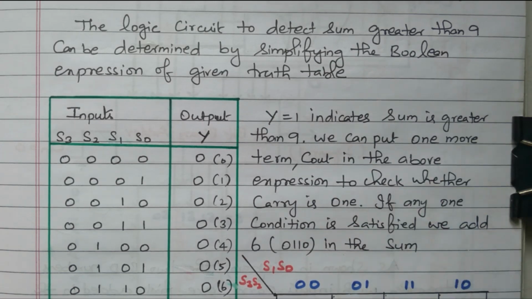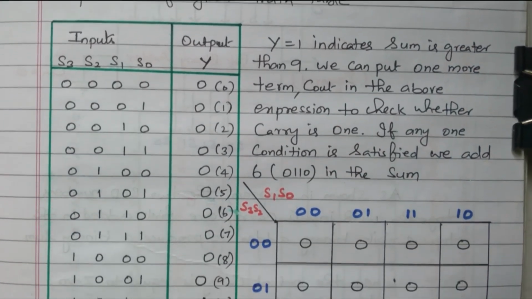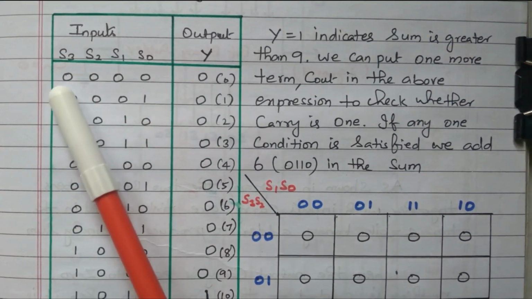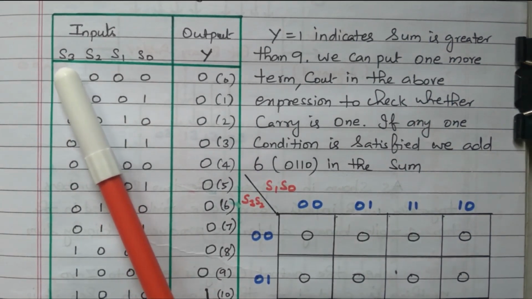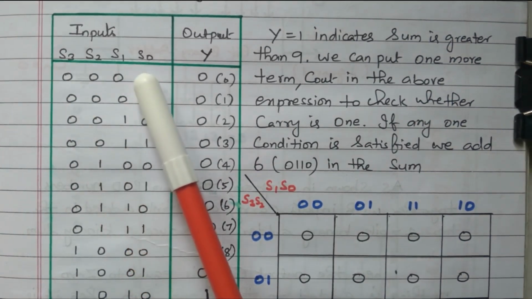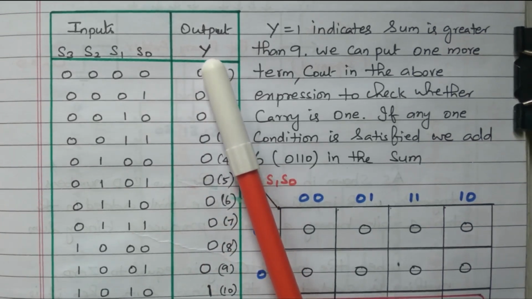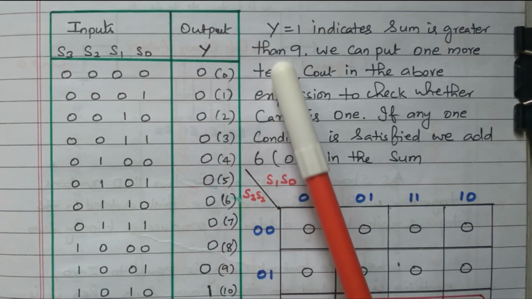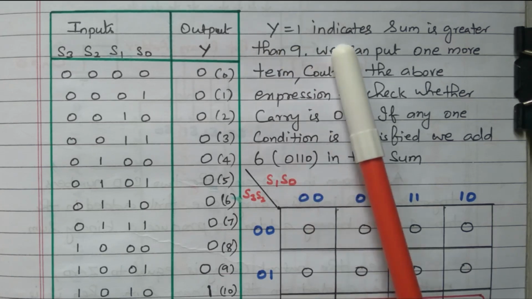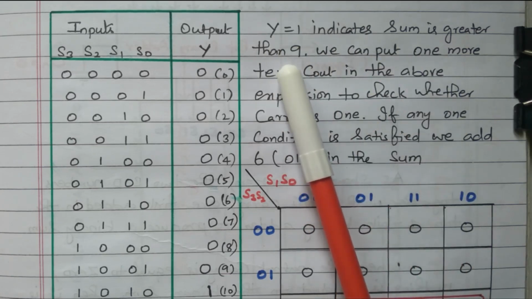So in this truth table, the input is the output of the binary adder, S3, S2, S1, S0. The output is Y. This Y indicates whether the sum is greater than 9 or less than 9. Y equal to 1 means the sum is greater than 9. Y equal to 0 means less than 9.